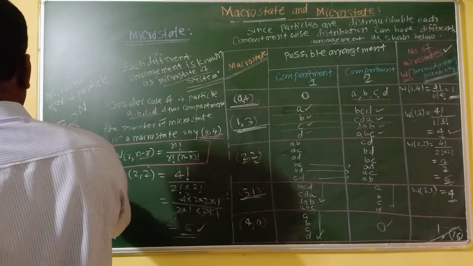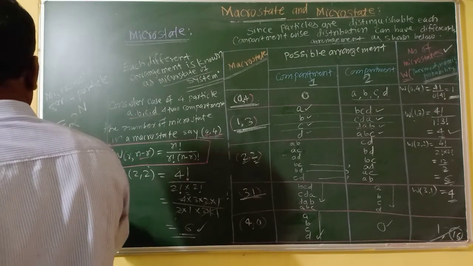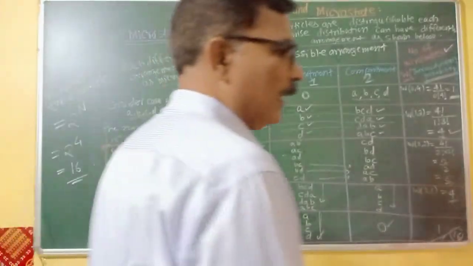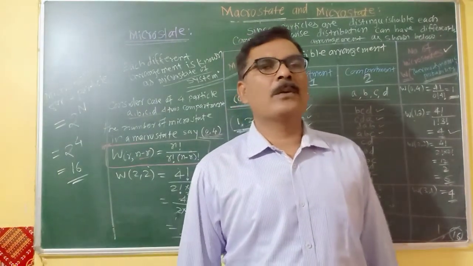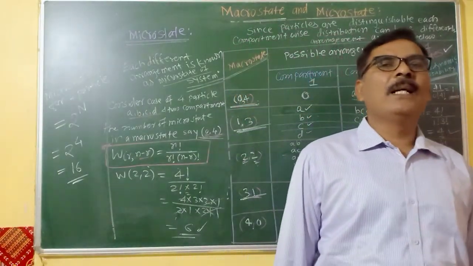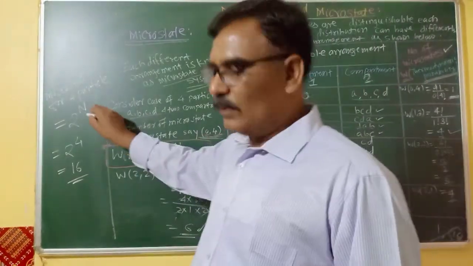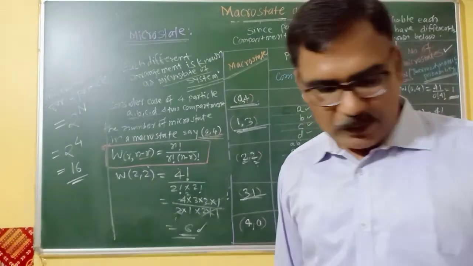What is the value of n? N is equals to 4, and that is 2 raised to 4 is what? 16. In general, for n particle, what are the macrostates for n particle? The macrostate for n particle having formula is 2 raised to n.